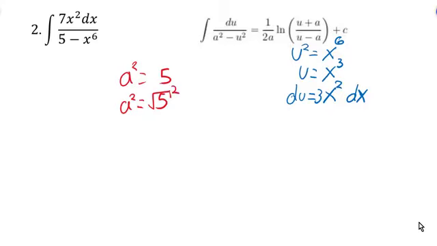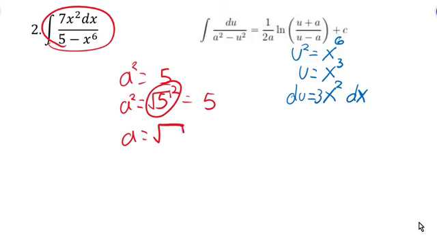And we're not modifying the essential value of the original problem. Why? Because we know that this is 5. So if this is a squared, this is going to mean that a is the square root of 5. This is the trick that I was talking about.